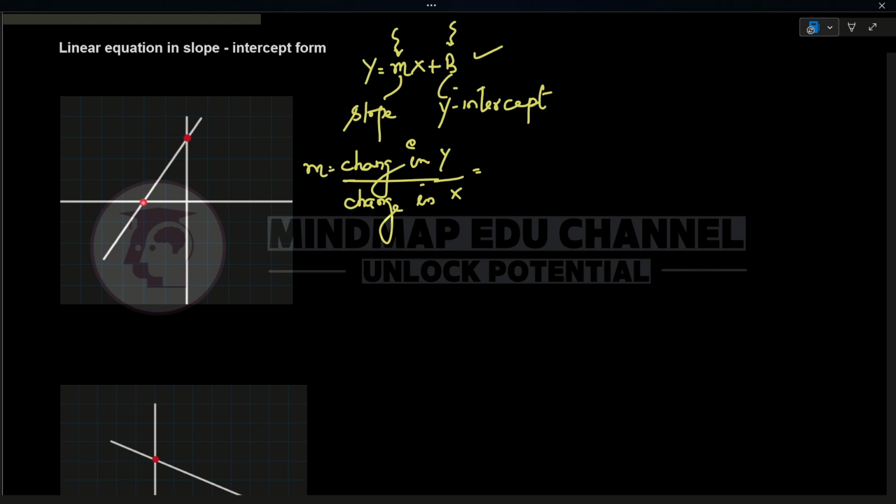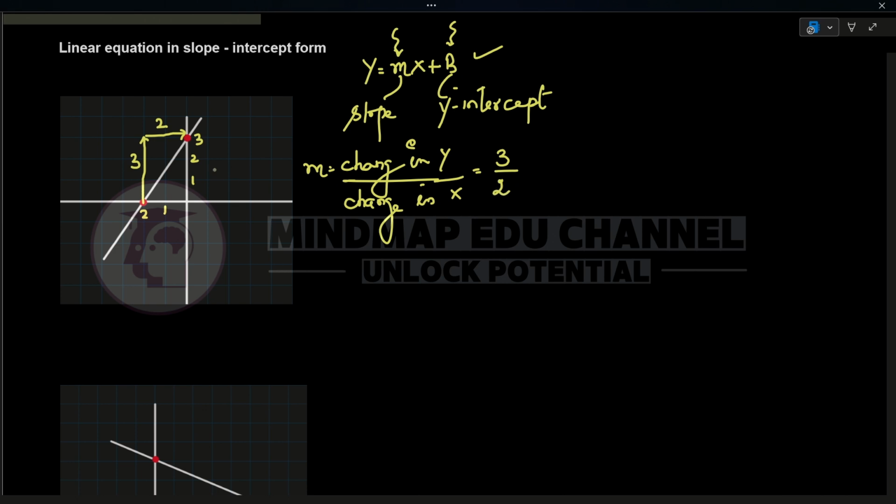As you go up here, it's 1, 2 and 3, so the change in y is 3. And what's the change in x values? It is 1 and 2, between the 2 points here. So here it was 3 and here it's 2. So 3 over 2 is the slope for this graph.